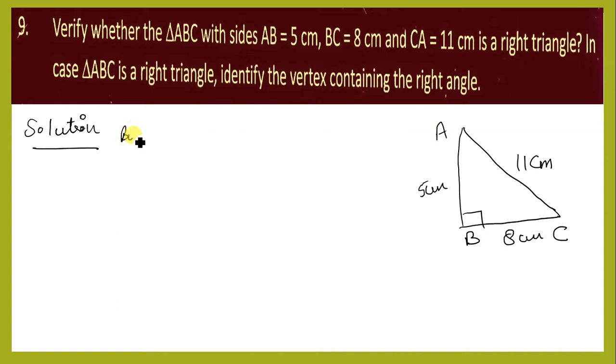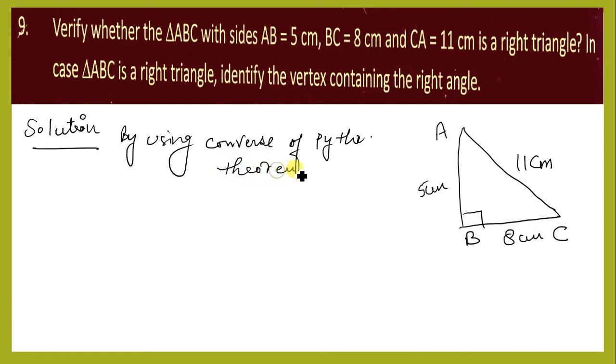The same, by using the converse of Pythagoras theorem. Now it says the square of the hypotenuse should be equal to the sum of the squares of the other two sides, and the other two sides are AB and BC.